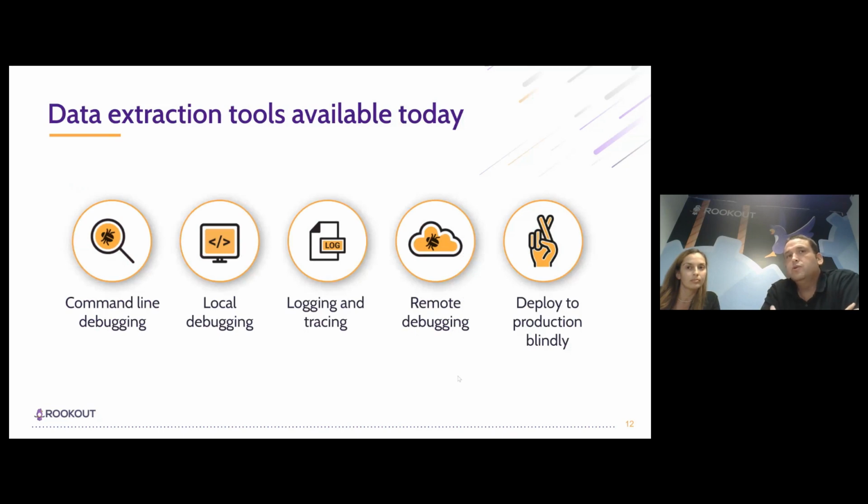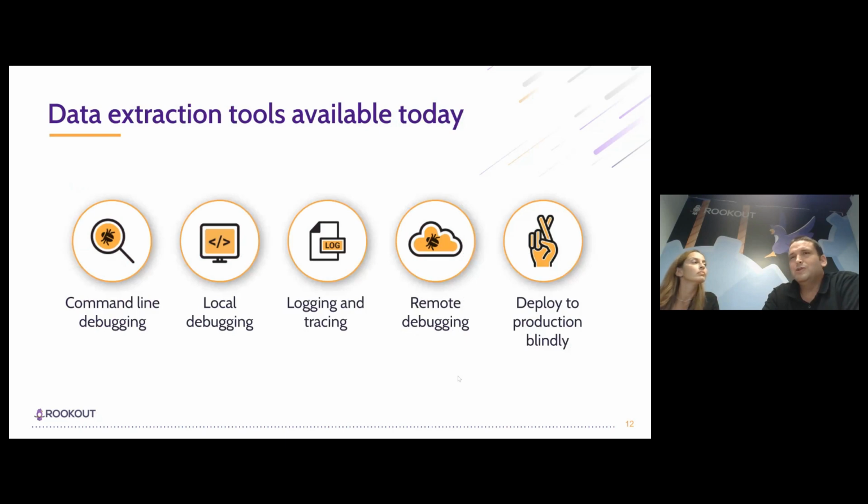Developers are used to using things like command line debugging or local debugging and working locally on their desktop, but that is just not something that you can use in our remote environment. And on the other hand, some engineers do know how to do remote debugging, but it does not scale and it does not work with hundreds or thousands of microservices.